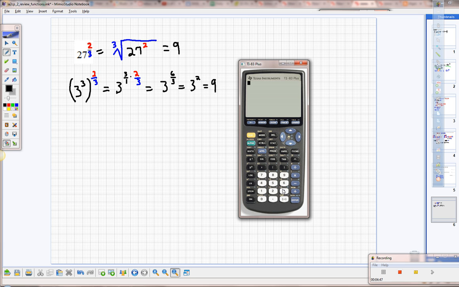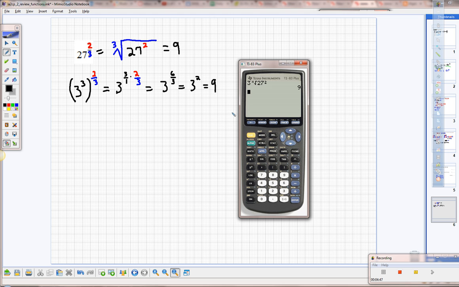So if I wanted to use the xth root to take the cubed root, I know it's the long way to do it, I would have to enter a 3 there, hit math, and I could have just hit 4. Oh, or actually 5. 5 is the xth root. Hit enter. That's telling me to take the cubed root of 27 squared. There's a little squared button there, and you get 9.